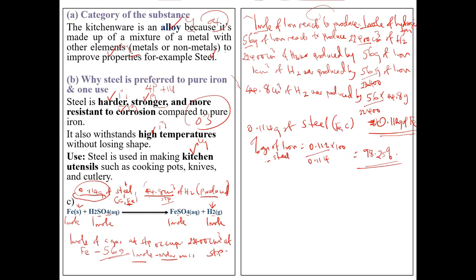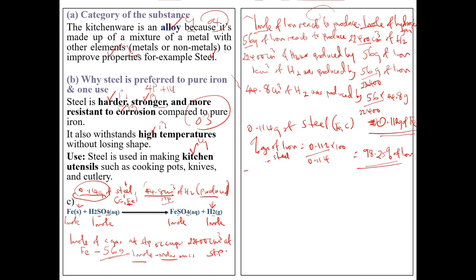And in the question they say that if the steel consists of iron which is 98%, which is not below 98%, then that is a good one. So are you saying that this is a good one? Percentage of iron in steel.